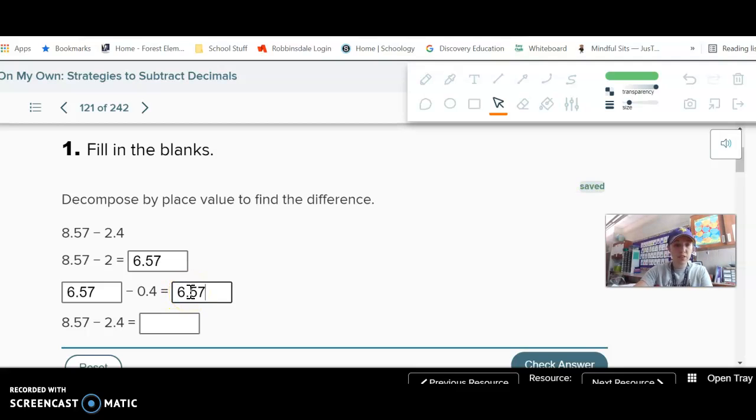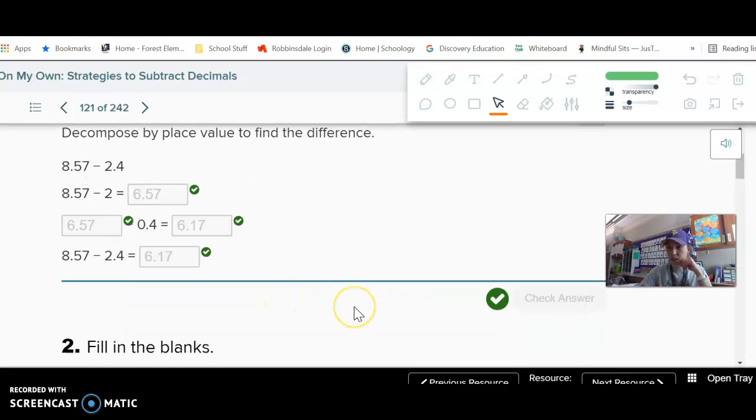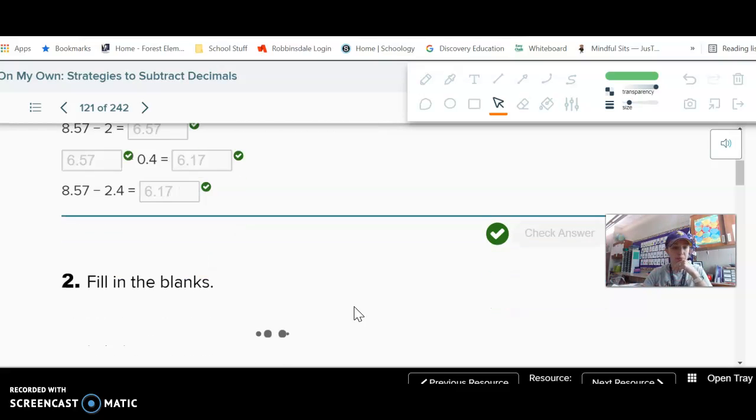So I have 6 and 1 tenth, and my 7 hundredths. So then I know my answer is 6 and 17 hundredths. I just did it part by part instead of all at once. You might have just written them vertically and subtracted like normal, and that is fine.